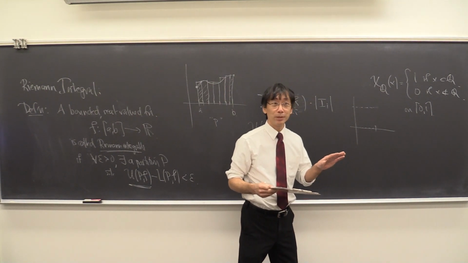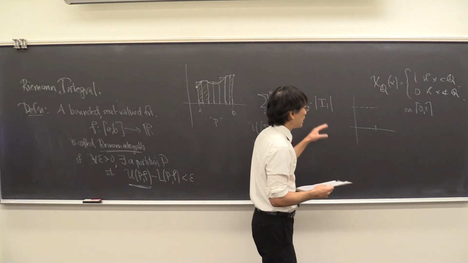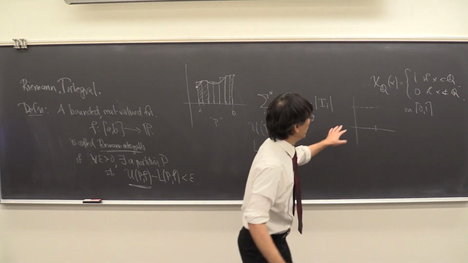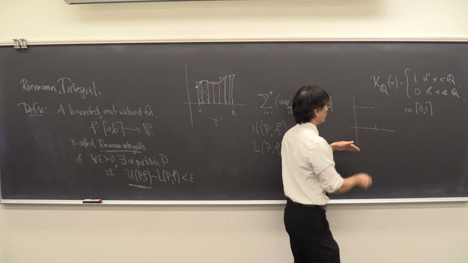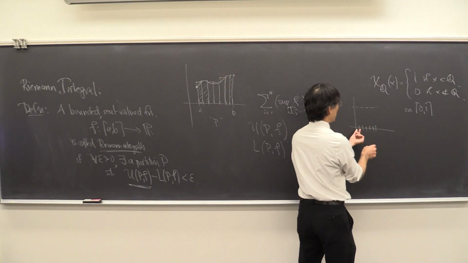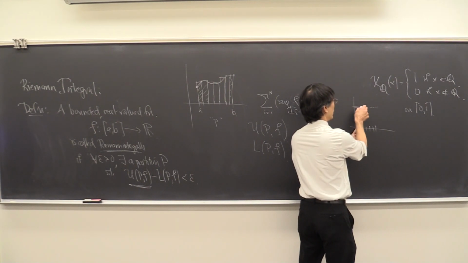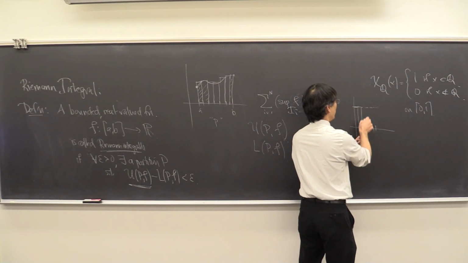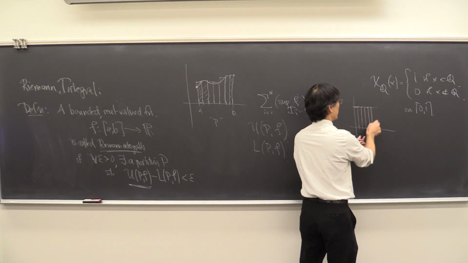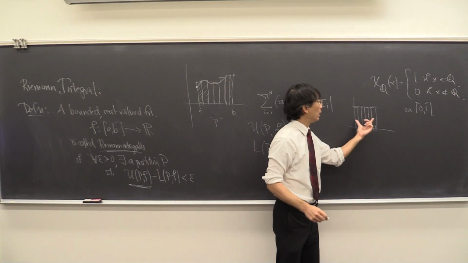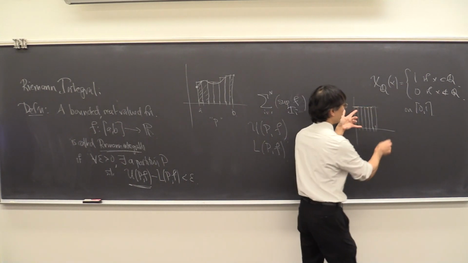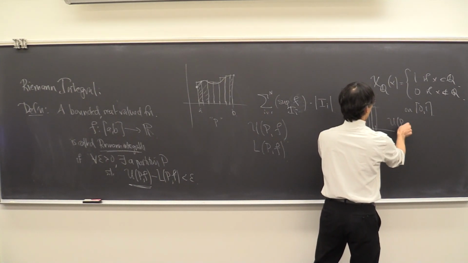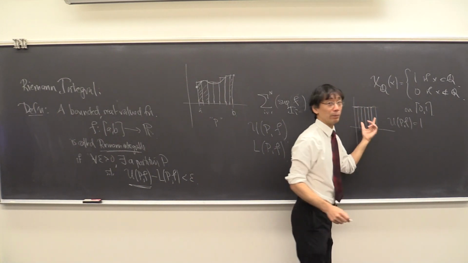Is it okay? Am I going too fast? Good, okay. That's not going to be Riemann integrable because for your upper sums, whatever partition you take, when you take the supremum over each interval, you're always going to get a height of 1. So your upper sums are always going to look like this, and when you add it all together, the upper sum over that partition is always going to be 1.